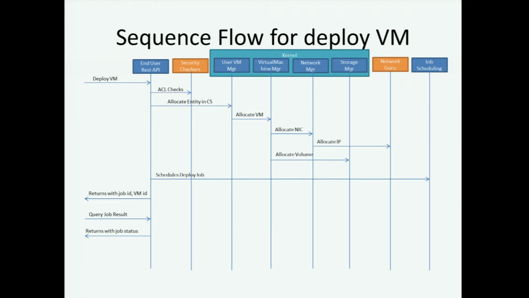When we take care of allocating the NIC, the network manager goes to the network guru and says, I have this NIC going to be deployed in your network. You're the network guru responsible for that network. Give me an IP with which the VM can start. And once that's been done, we also go to storage and say allocate a volume in the database, make sure things are okay, and then we schedule the job into the async queue.